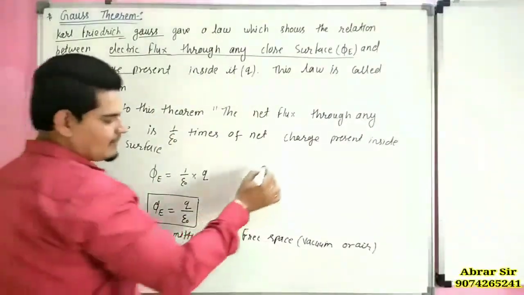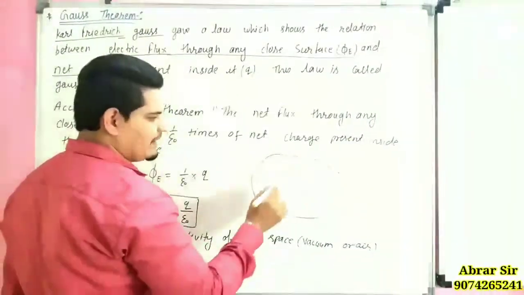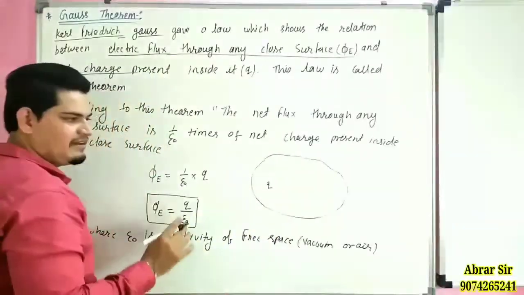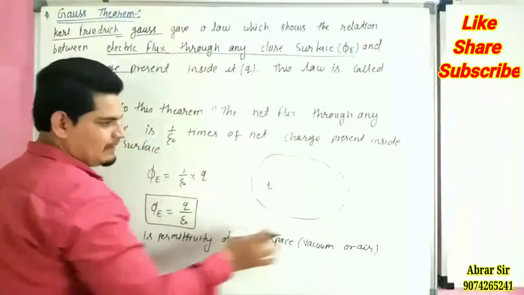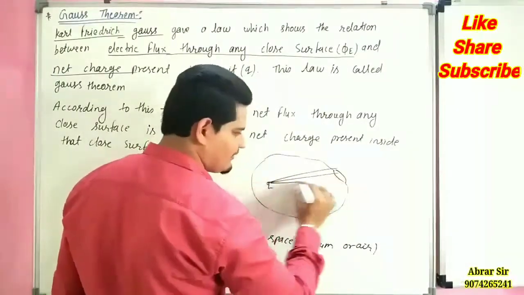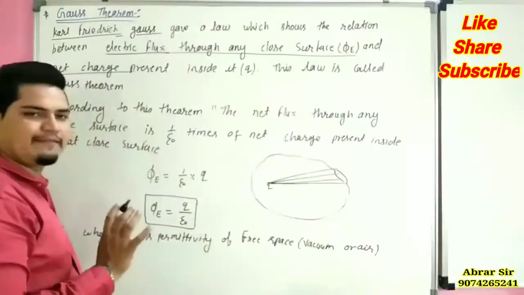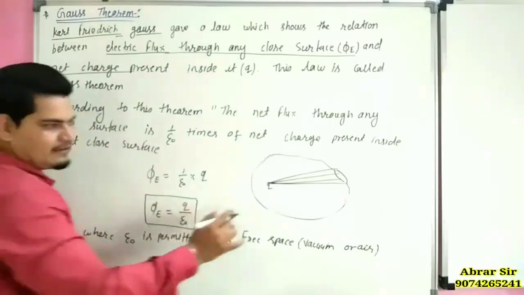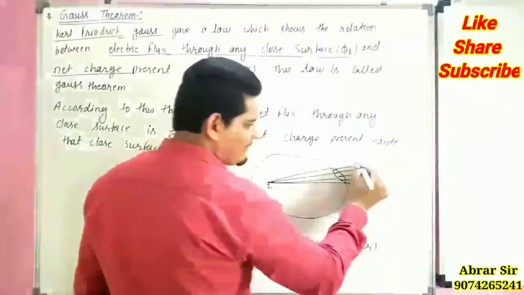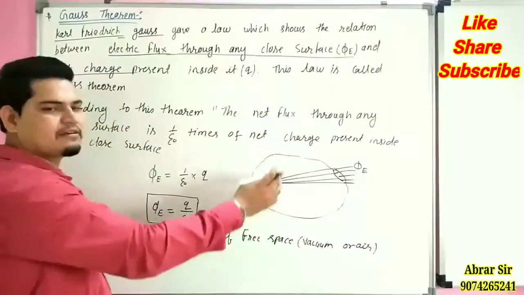If we consider a hollow surface and the net charge Q present inside the surface, and we know that the total number of electric lines of force is called electric flux. So this electric flux phi is the total number of electric lines of force, and this is the total charge present inside the closed surface.